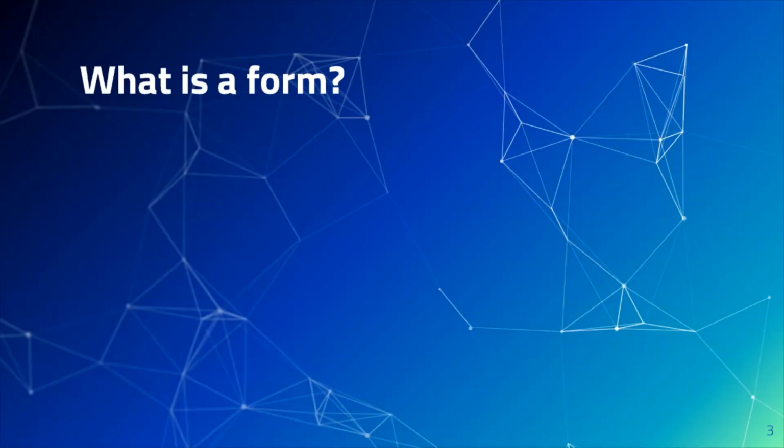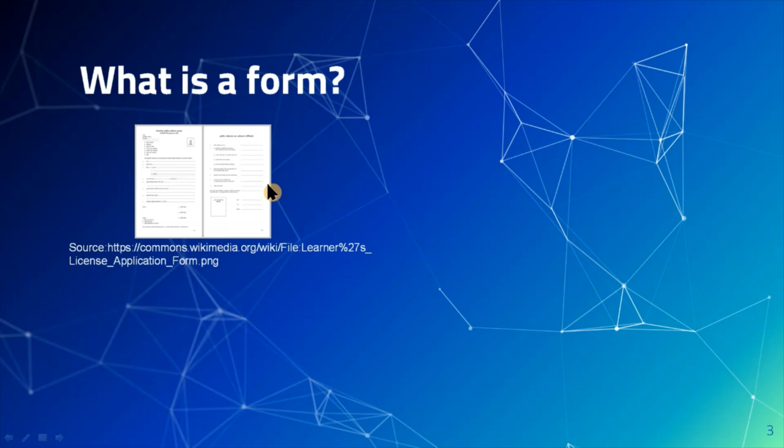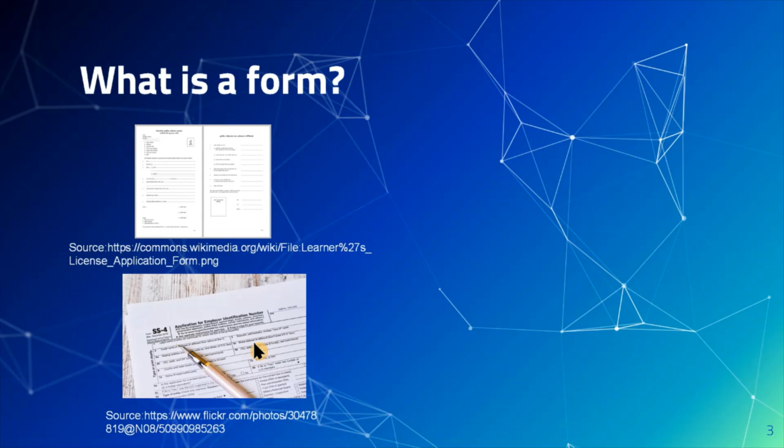Now first let us see what is a form. From your childhood, you might have filled several forms. You might have filled an application form while joining your college, an application form to get a driving license, and an application form to get a PAN card.